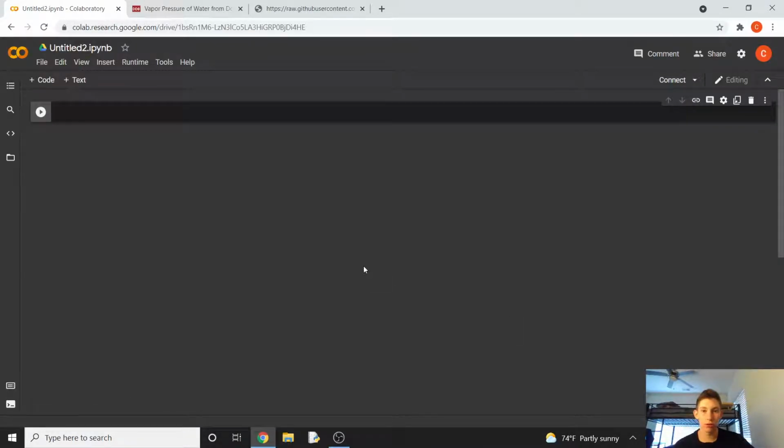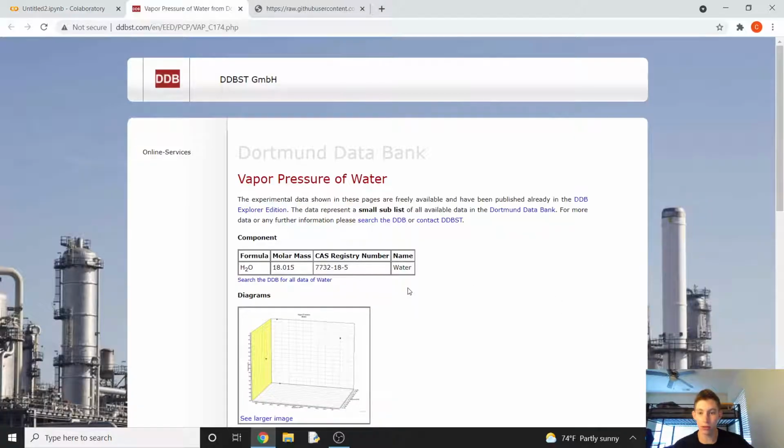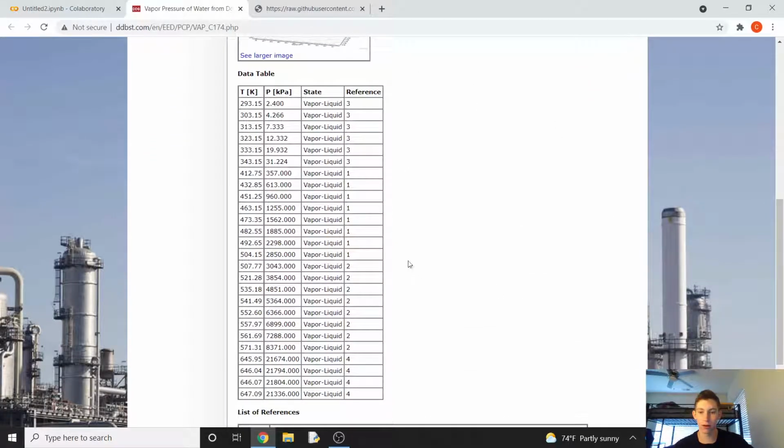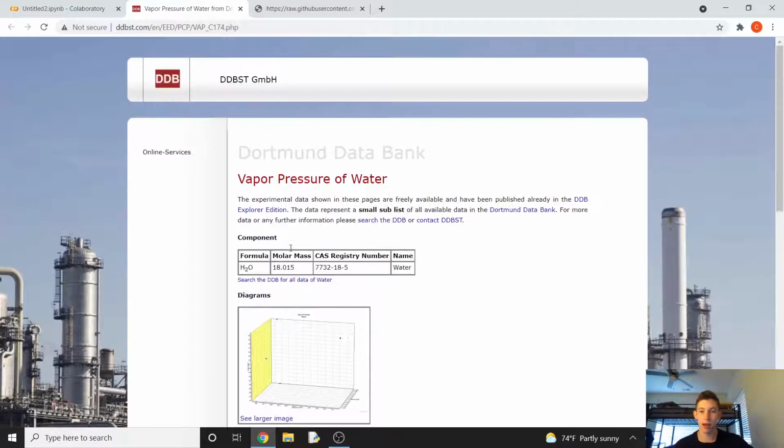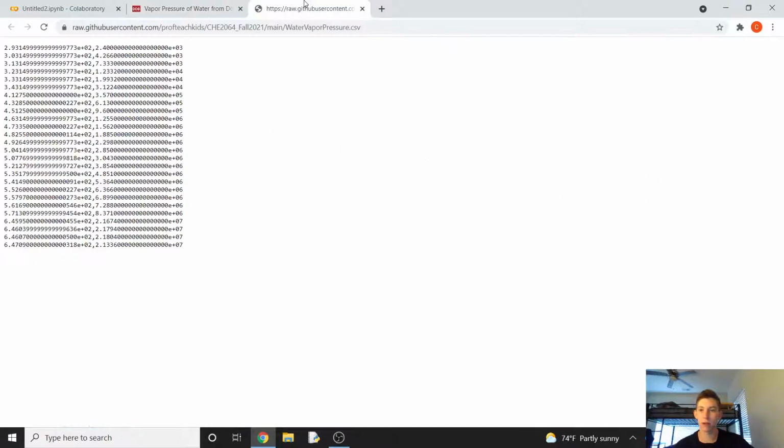The data that we're using is derived from this set right here. There's two columns: the temperature of the water in Kelvin, and then the pressure in this column. We are also given this comma-separated value file with all of the data. So here's the temperature, and here are the vapor pressures of the water.